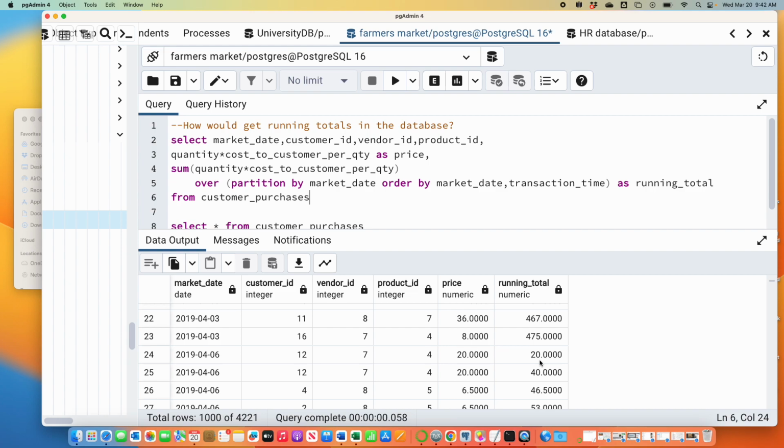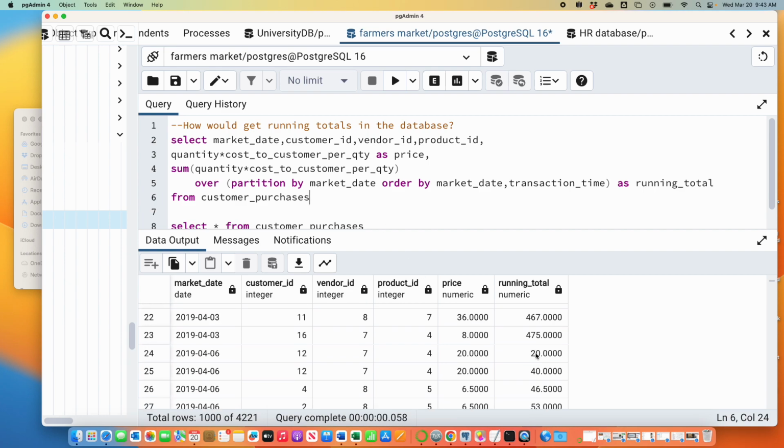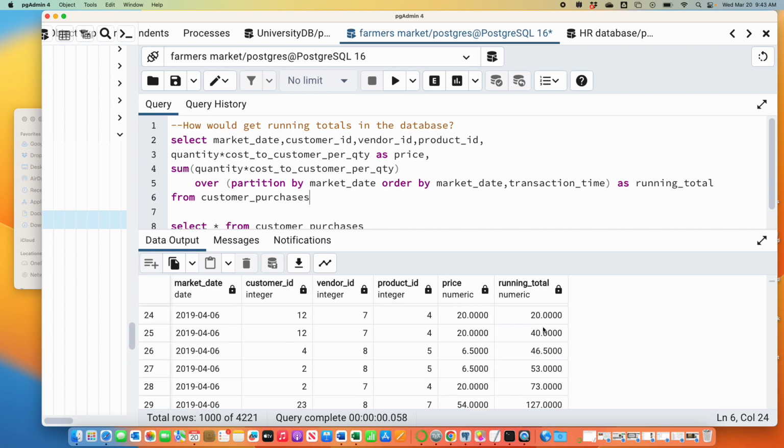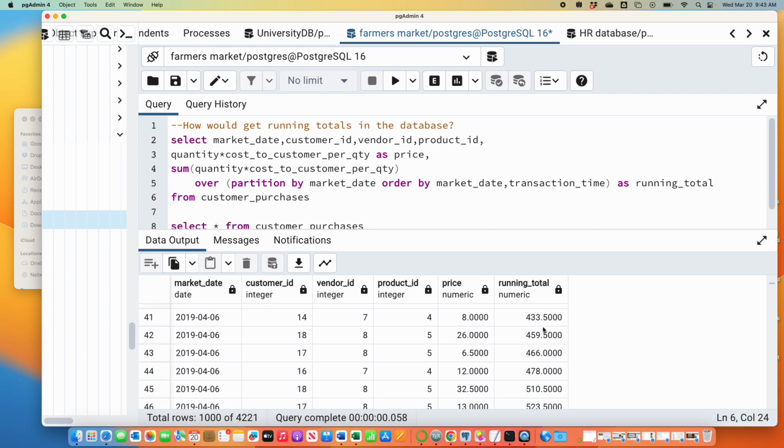It's a new day. Yeah, it's a new day. I told it to group by market day, right? So on the first day I can see it goes up to 475. The next day I can see, oh, it starts at 20. So the earliest transaction on that day was worth 20. And it goes all the way up to 549.50. And then the next day it just starts over.